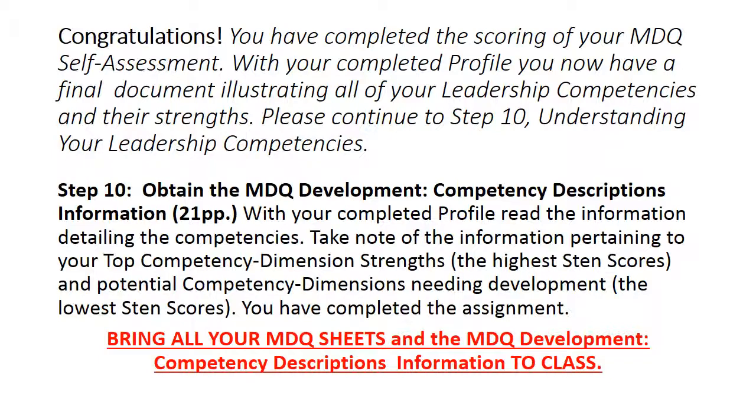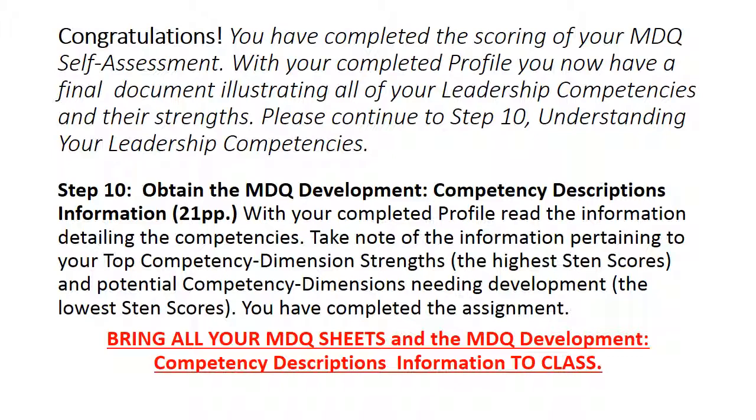To do step 10, you will need to obtain the MDQ Development Competency Descriptions information. This is a packet of 21 pages. If you are not given that in a hard copy, this can be obtained in Blackboard as a source in this particular week's assignment.